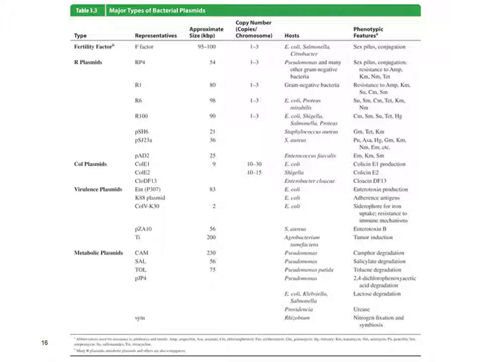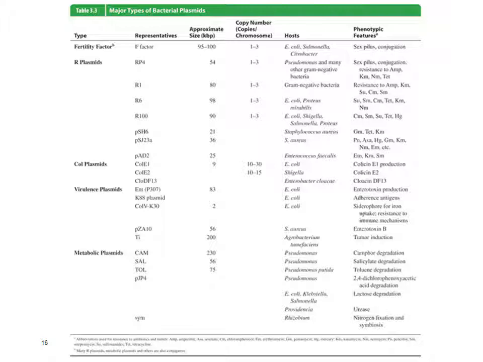These bacteriocins kill other cells by forming channels in the plasma membrane. Next, we have the virulence plasmids, and these plasmids encode factors that make the host bacterial cell more pathogenic. So, for example, it enables the bacteria to produce toxins and substances required for the induction of tumours.